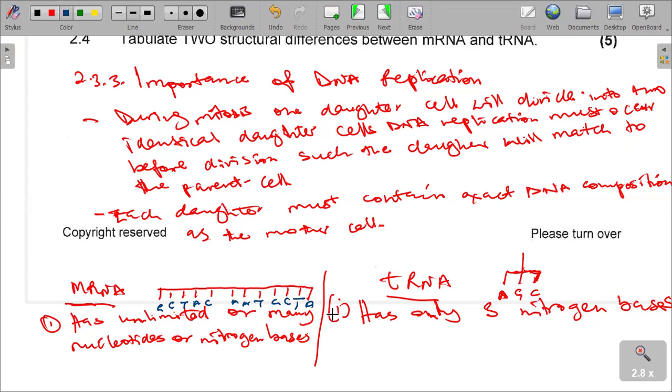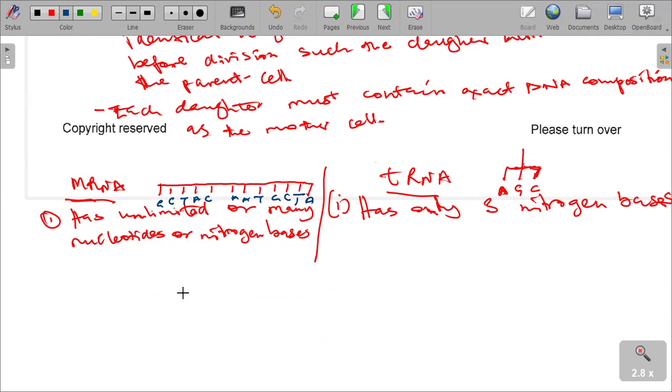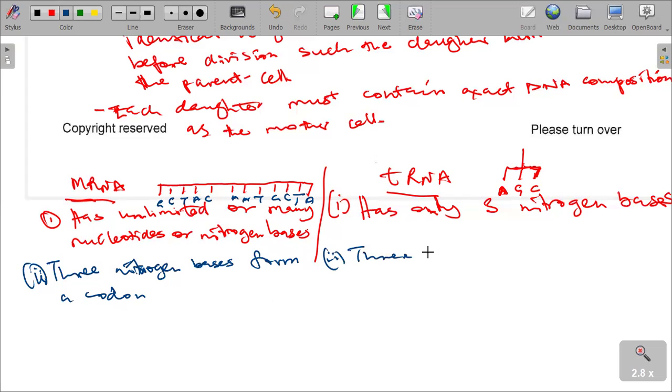And then another difference, number 2: 3 nitrogen bases form a codon in mRNA, and then on this side, in tRNA, 3 nitrogen bases form an anticodon.